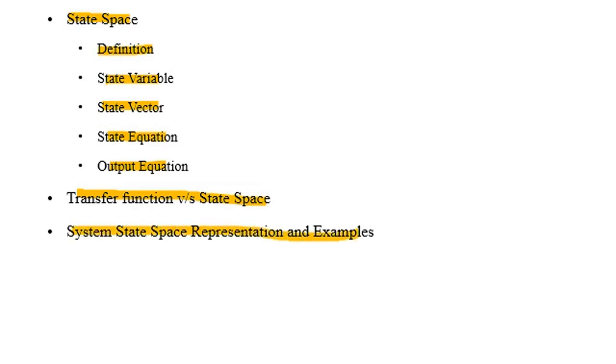And finally, we will study how to make a state space representation for any given physical system. In the given examples, we will study how to make state space representation for an electrical network and a translational mechanical system.